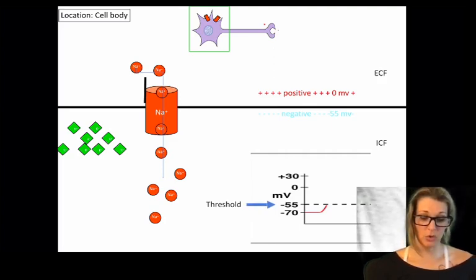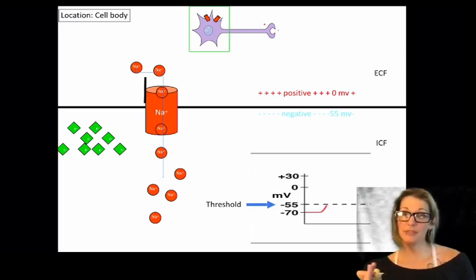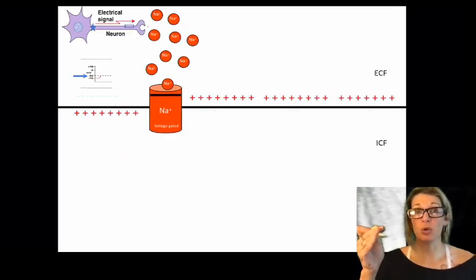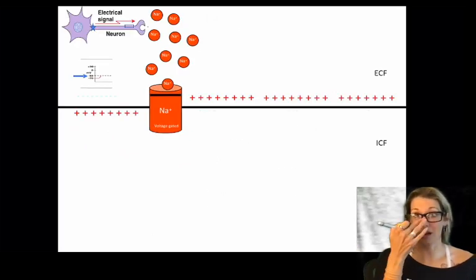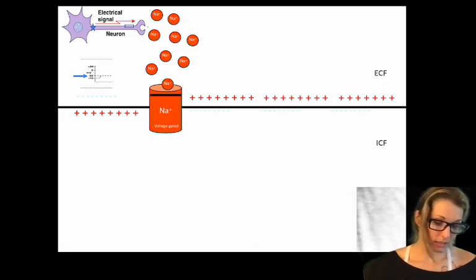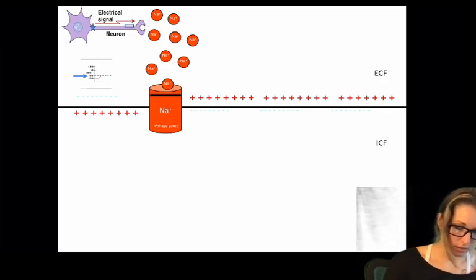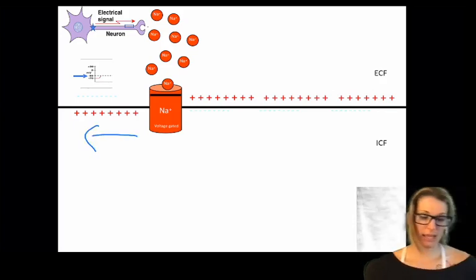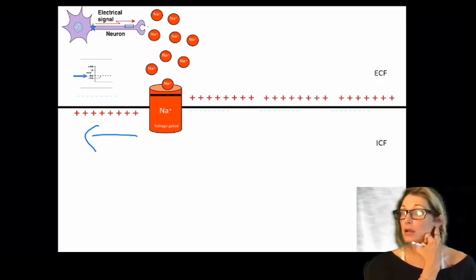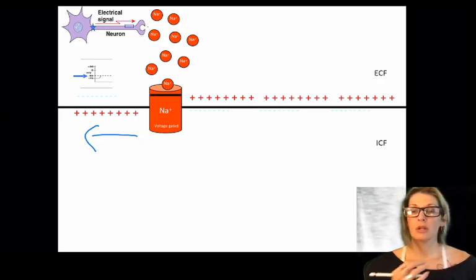We've reached threshold because we have sodium flooding into the cell. Now we're going to move down. Remember, if we're going to reach threshold, that has to be at the axon hillock. So the axon hillock would be indicated by this area, the area indicated by the arrow.